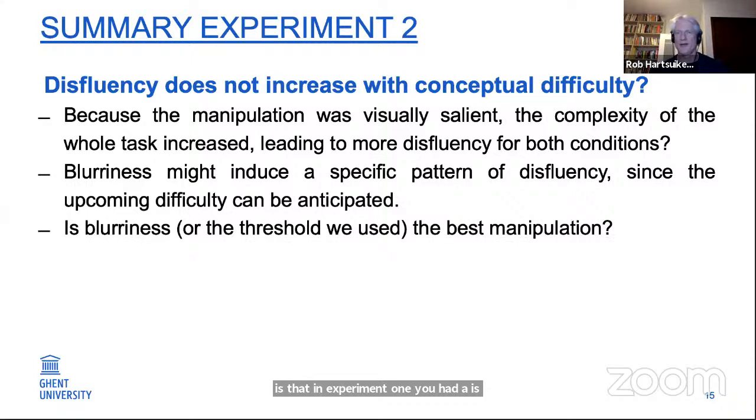So perhaps this allows participants to anticipate that a difficult item will come up, be ready for it, and then as a result, preempt, let's say, the difficulty. The third possibility is that our manipulation was not the best manipulation, and perhaps we should have had even more blurring. So any suggestions are really welcome.